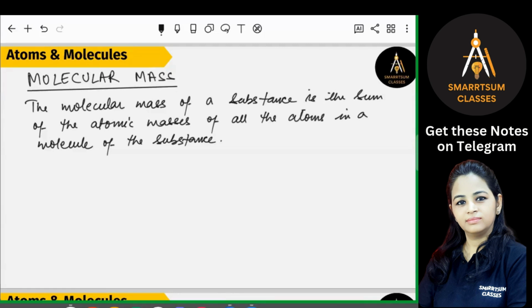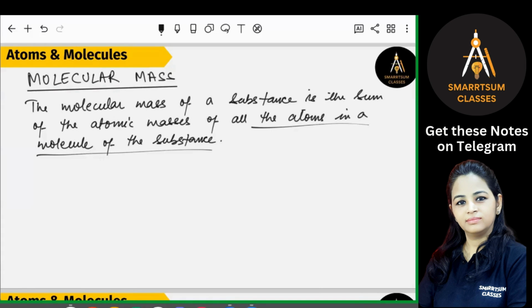After writing the formula, let's see the molecular mass and how to find it. The molecular mass of a substance is the sum of the atomic masses of all the atoms in a molecule of that substance. It is therefore the relative mass of the molecule expressed in atomic mass units, because atomic masses are relative atomic masses, as I told you earlier.